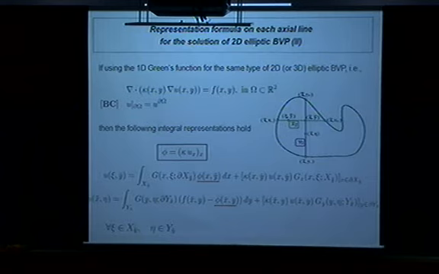So if pi is set in this form, then we just solve this equation. This is just a 1D elliptic problem. So you just solve this 1D elliptic problem over here. You can represent the solution U in terms of pi on this axial line.